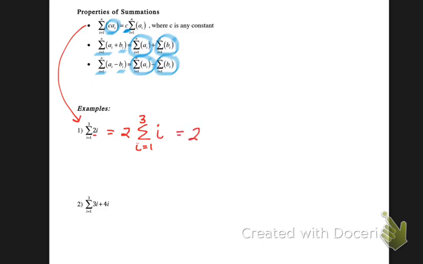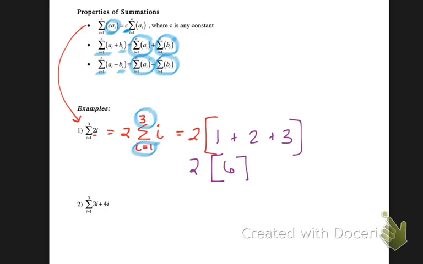So the 2 is in front, and now I'm going to start with substituting at 1 and then stopping at 3. This is pretty easy because it's just i. So when I plug it in, I have 1, 2, 3, and there's my stopping point. So now I can add all those together and get 6. 2 times 6 is 12.